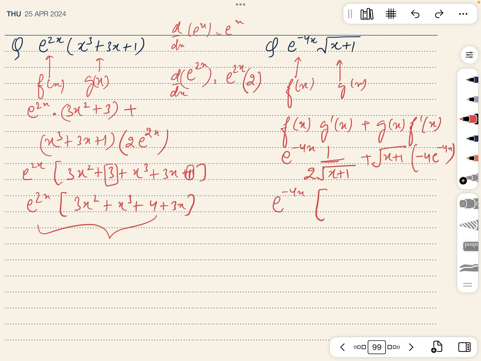We will have half root of x plus 1 and plus, so when minus 4 will come outside, it will change to minus 4 root of x plus 1. So you can just pause the video, retry the question, and then only proceed further. Next.